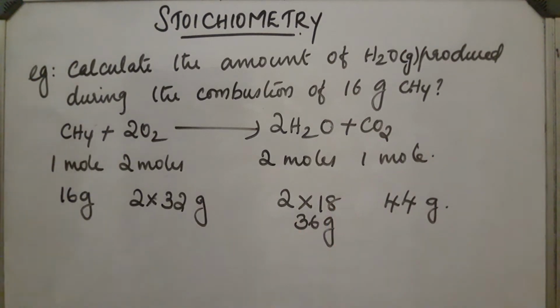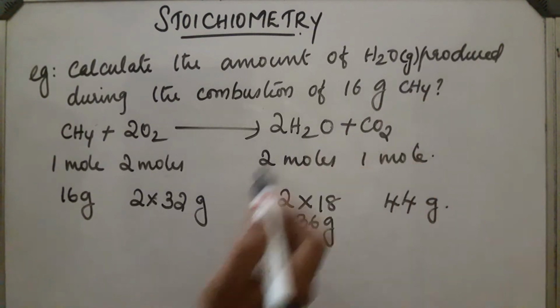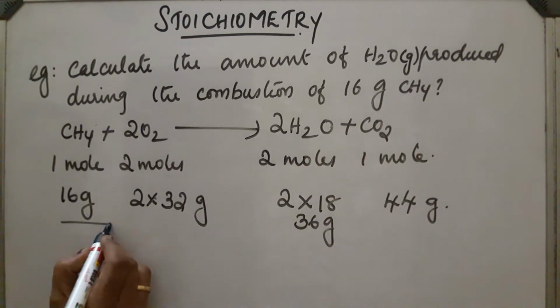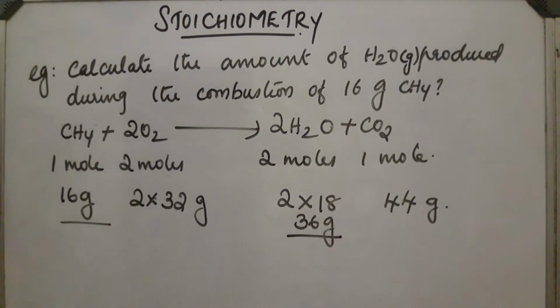Okay, so we can calculate the masses of the products and the reactants using this stoichiometric equation. So the question is to calculate the amount of H2O produced: 16 gram CH4 on combustion gives 36 gram of water. Like this we can calculate the masses.